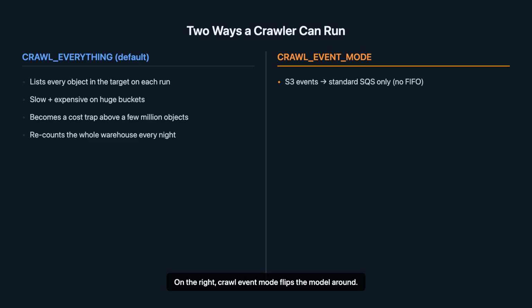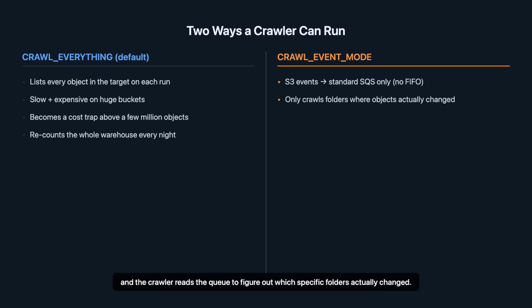On the right, crawl event mode flips the model around. Instead of listing everything, S3 fires events whenever objects are added or deleted. Those events go into a standard SQS queue, and the crawler reads the queue to figure out which specific folders actually changed. One thing to know for the exam, it has to be a standard queue.